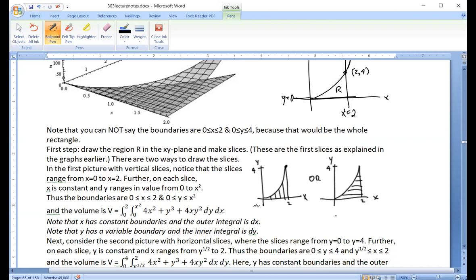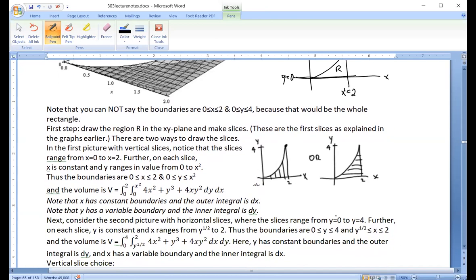The smallest x value comes from the function y equals x squared. And if y equals x squared, that means that x equals the square root of y. So there's your smallest possible value on each slice. And then the biggest possible x value on each slice is 2. So therefore, the boundaries are y goes from 0 to 4, and x goes from y to the 1/2 to 2.